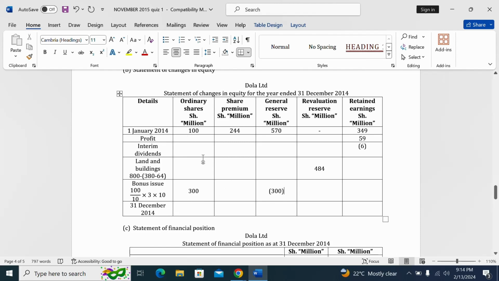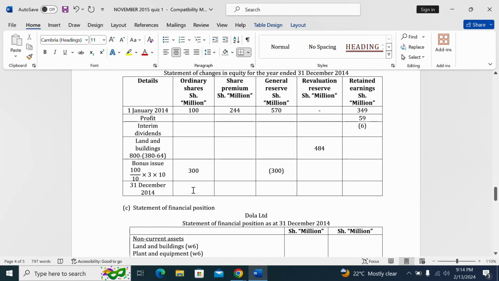Is there any other change? There is no other change. There was no change in the share premium. So we can get the totals of our equity here. That is 400. This will be 244. This will be 270.